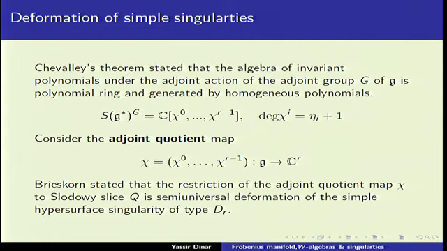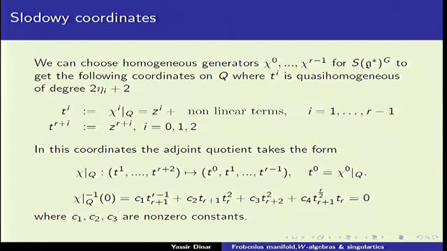This proves that the reduction of this map to the Slodowy slice, which we define later, is a semiuniversal deformation of the simple singularity of the same type, DR. I don't know the proof of Brieskorn. He did this at the level of Lie groups, but at the level of Lie algebras, Slodowy was studying how to reprove this result.